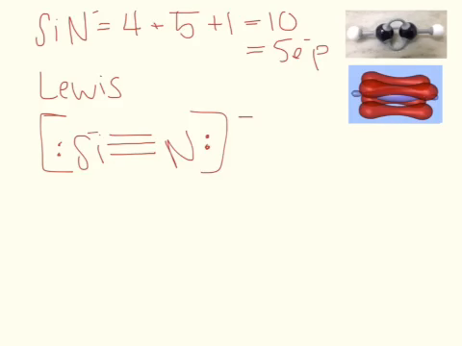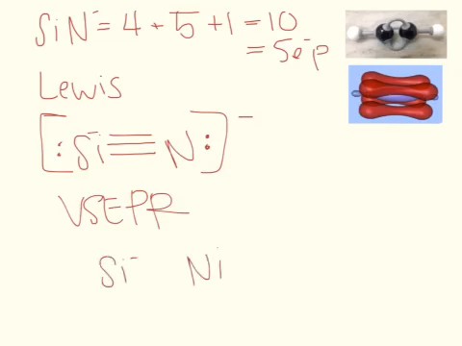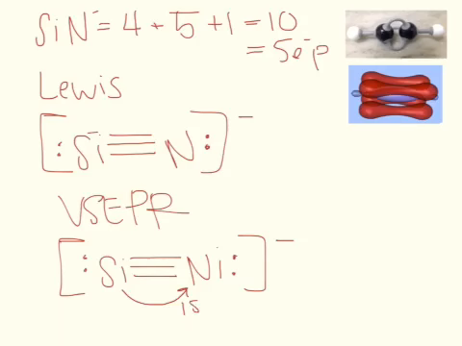Next we can move on to the VSEPR structure, which is going to look a lot similar to the Lewis structure. We draw our silicon, our nitrogen, our triple bonds, our lone pairs, our bracket, and our negative charge, but we also include the angle, which in this situation is 180 degrees.